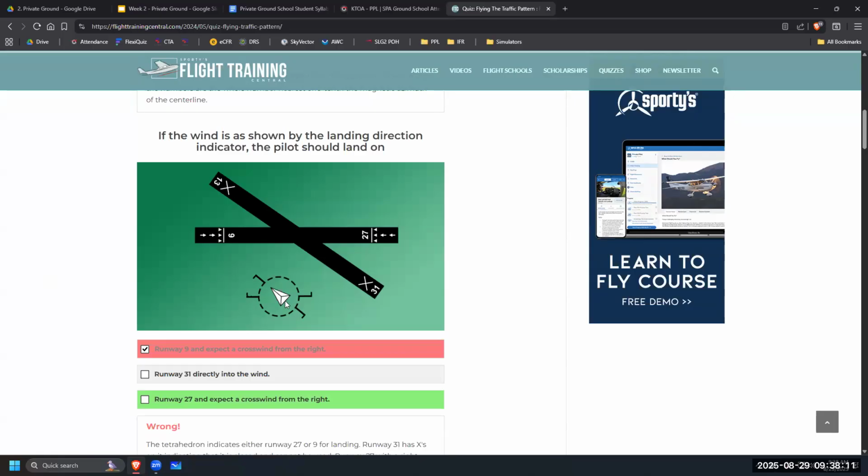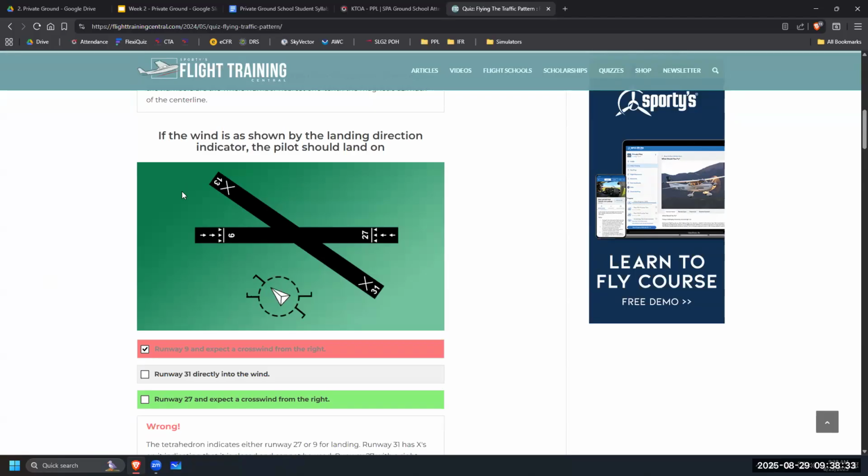No, guys. Okay, so this one I want to talk about before we get into the quiz. Because we didn't look at this indicator, it is different from the windsock. We talked about how the wind blows up the windsock. This indicator is pointing to where the wind is coming from.